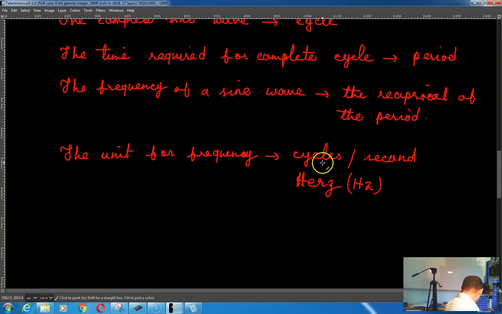And now, as an example, let's suppose that the period of a sine wave is 0.5 milliseconds. The period t is equal to 0.5 milliseconds. Now you want to calculate the frequency, right?